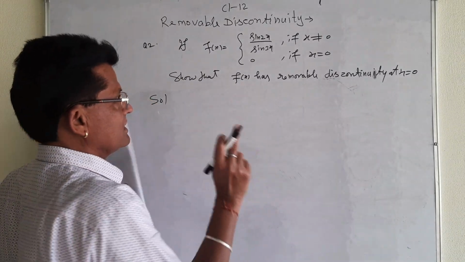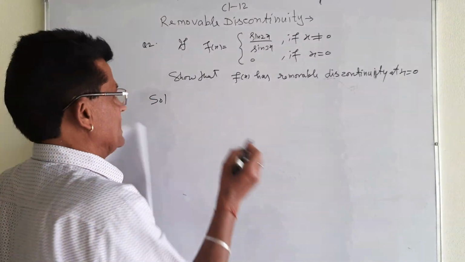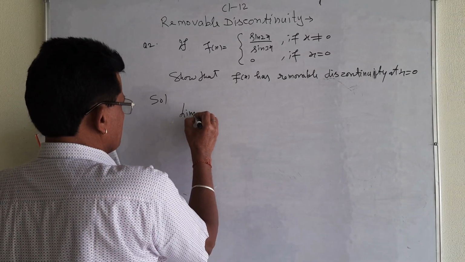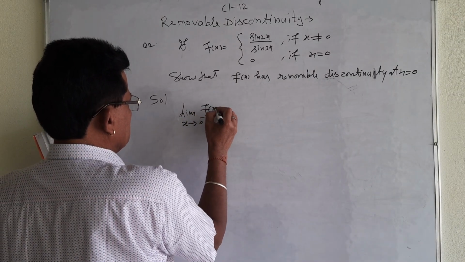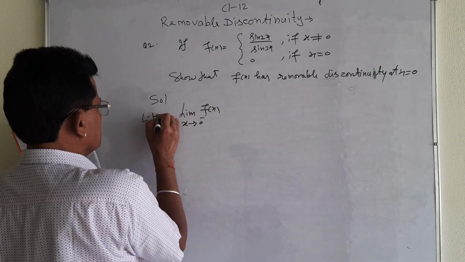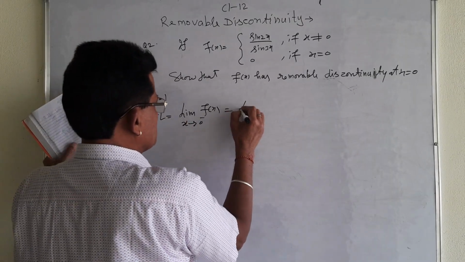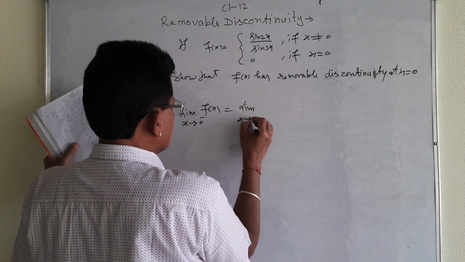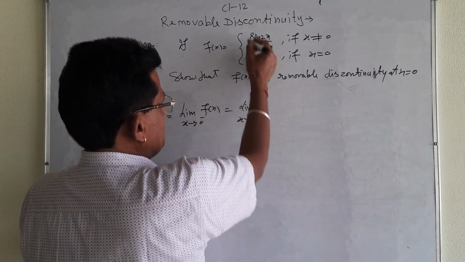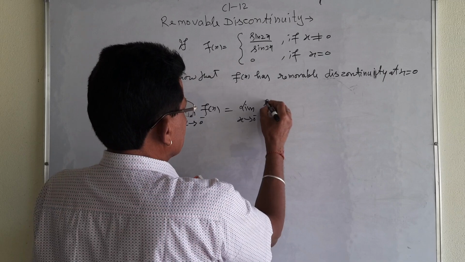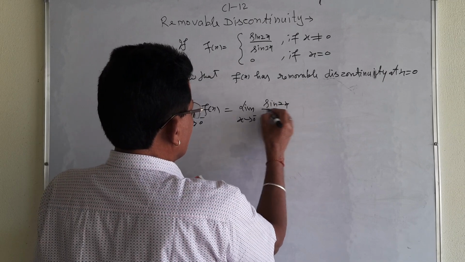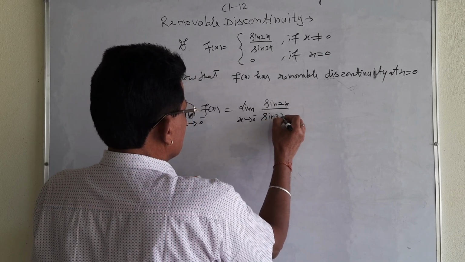Okay, let me take the left hand limit, as x tends to 0. My dear student, you see, x tends to 0, the left hand limit of the function, if x does not equal 0, this function will be sin 2x upon sin 3x.